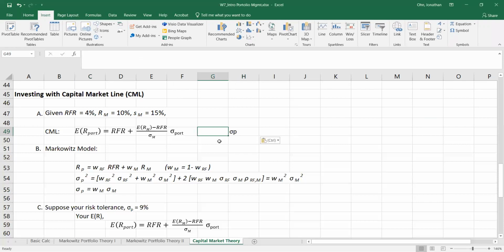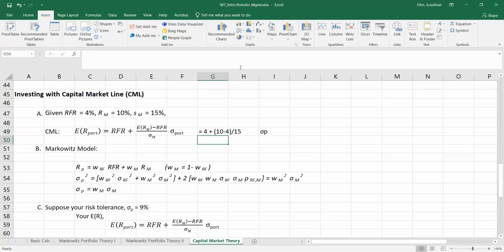Here, this one is 4 plus 10 minus 4 divided by 15 times sigma. No, wait a second, you should do it this way.